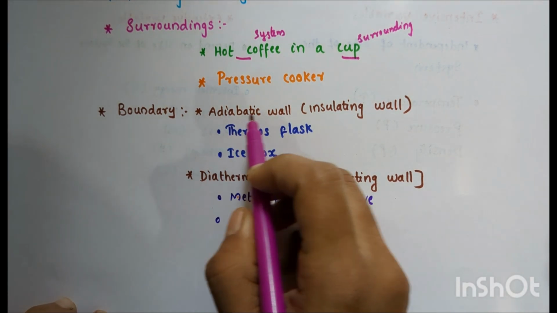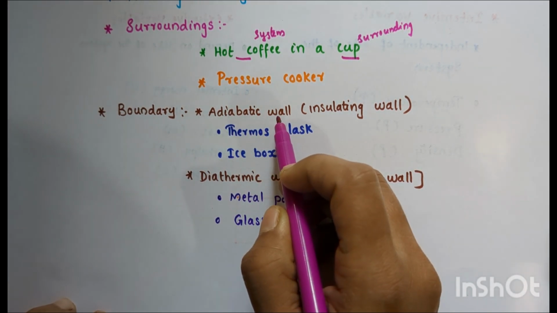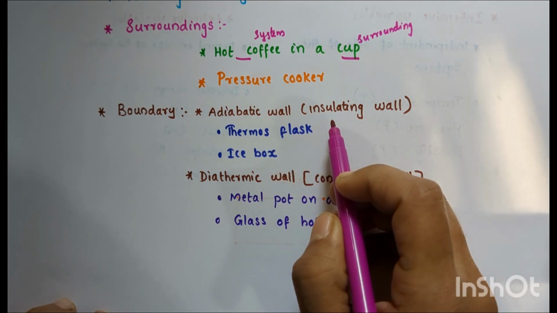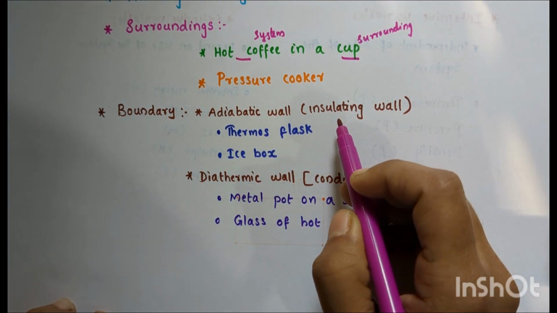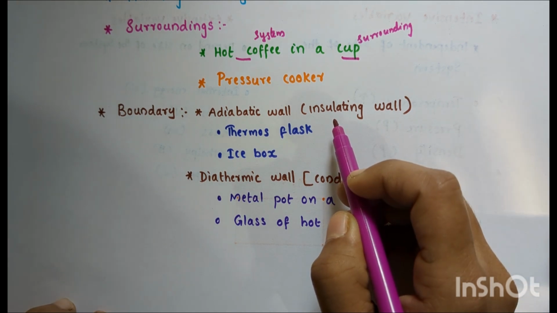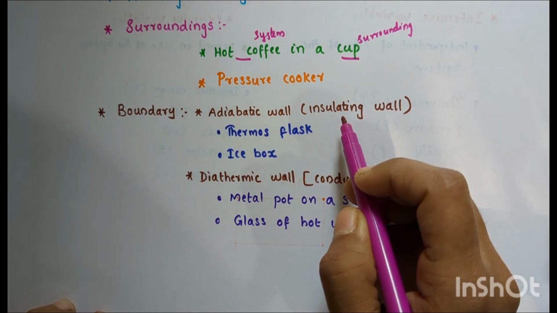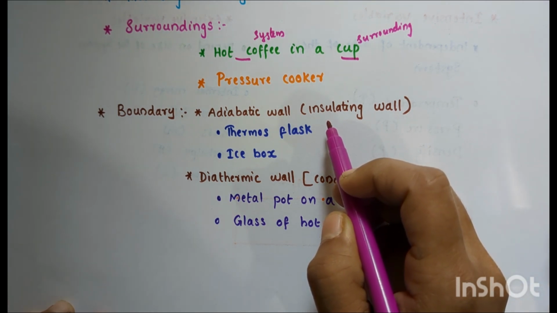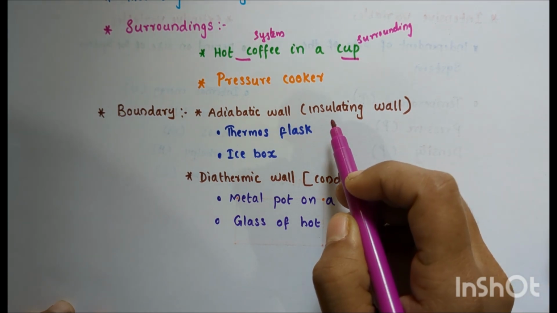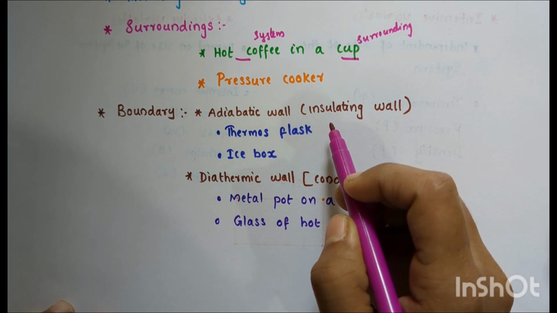You see, an adiabatic wall or adiabatic boundary is actually an insulating wall that does not allow the flow of heat energy between the system and surroundings. That is, the adiabatic wall or insulating wall prevents the transfer of heat between system and its surroundings.